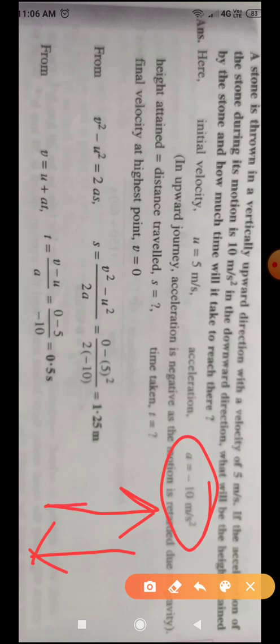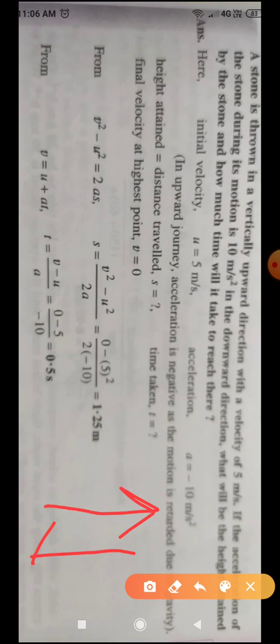Suppose the body is moving upside and gravity is coming downside, we consider minus. Suppose the body is on top and coming down, and gravity is also pulling down, at that time acceleration will be considered as a positive value.